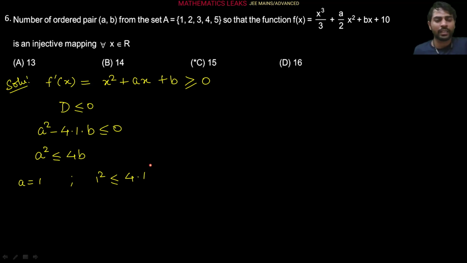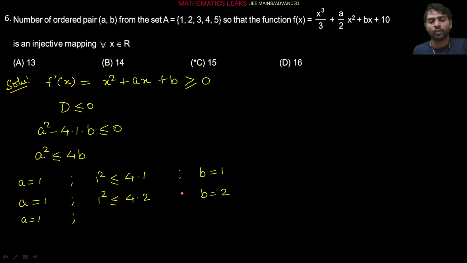Similarly if a is 1, b is 2, then 1 square is less than or equal to 4 times 2, which is 8, greater than 1 square. Yes, obviously. So if a is 1, b can be 1, 2, 3, 4 and 5. Any value of b from 1 to 5, this inequality will always hold.